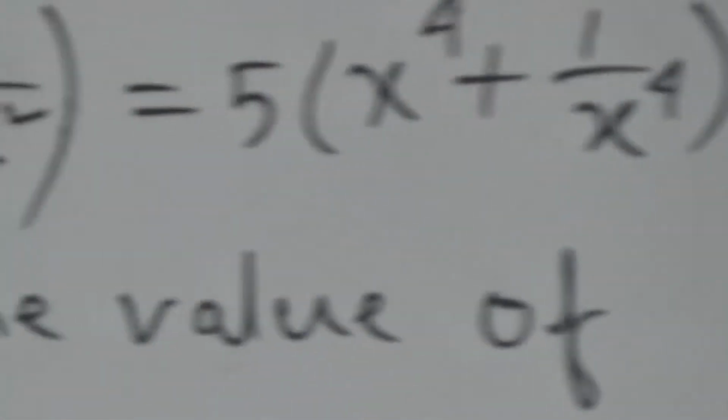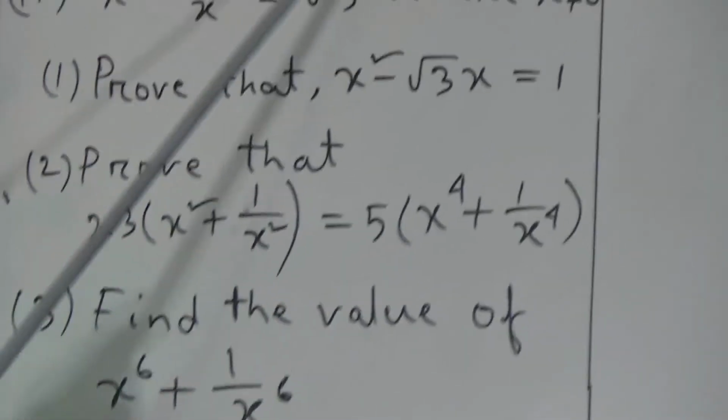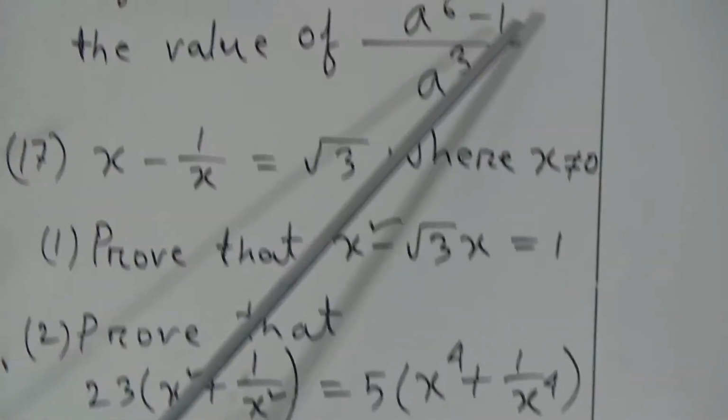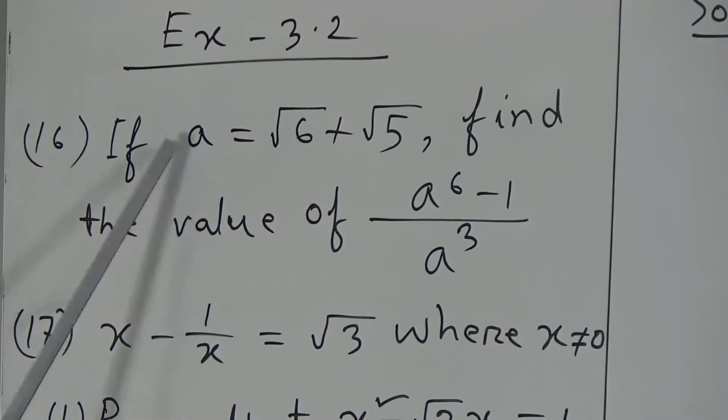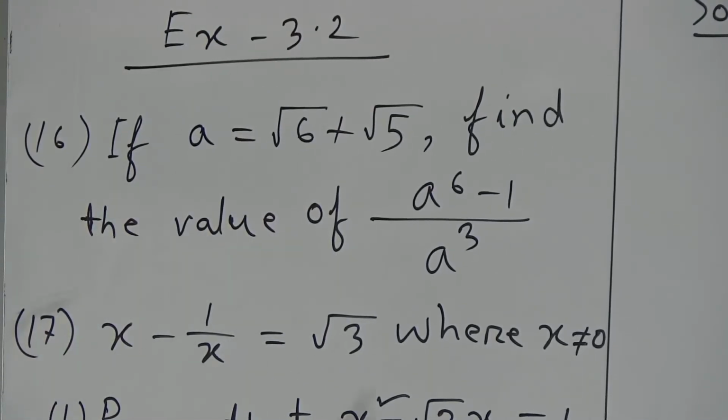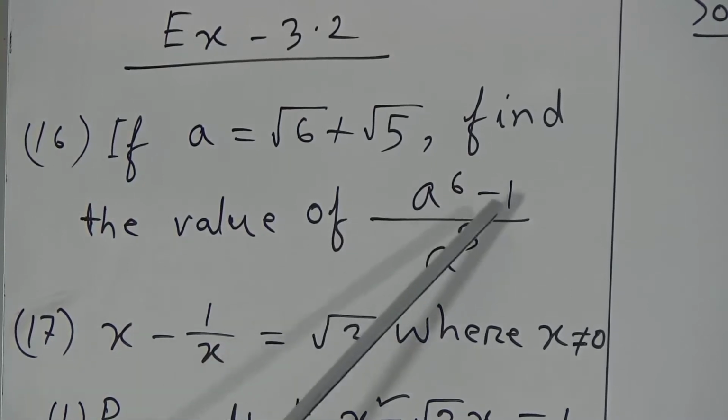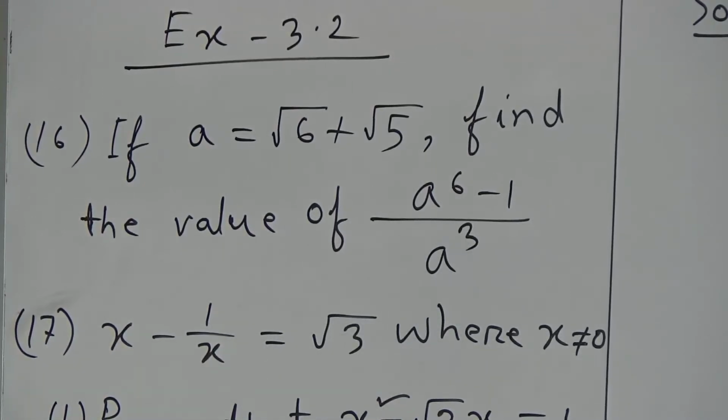Here the 16 number question is: if a equals root 6 plus root 5, find the value of a to the power 6 minus 1 divided by a cube. Here the value of a is given. We have to find out the value of a to the power 6 minus 1 divided by a cube.